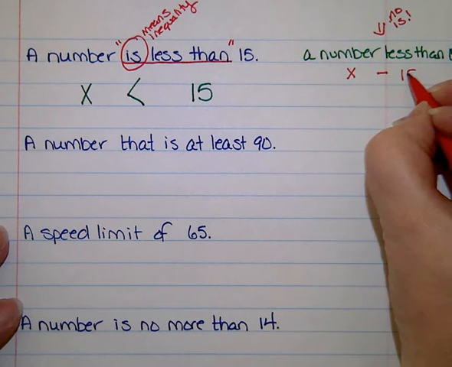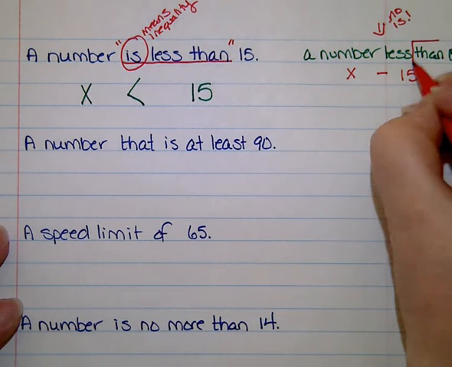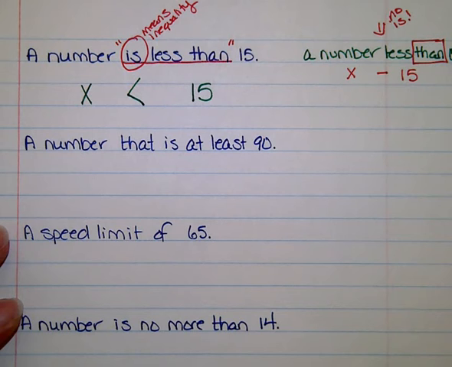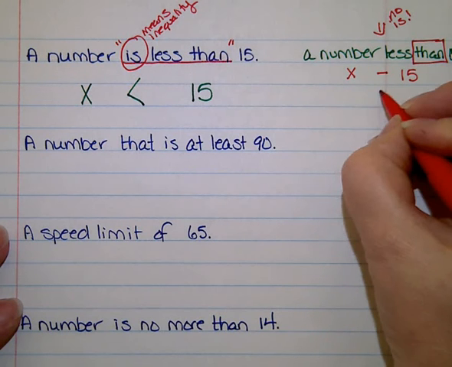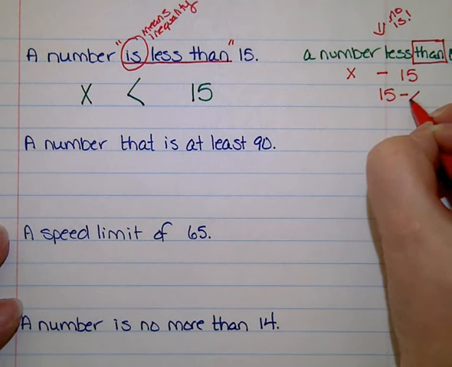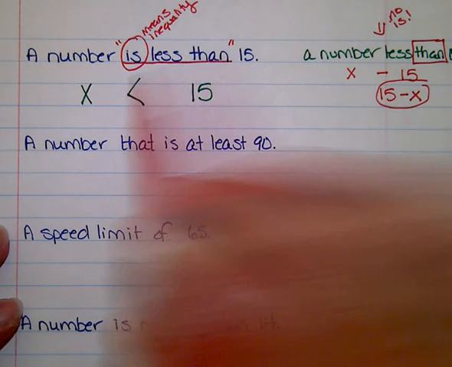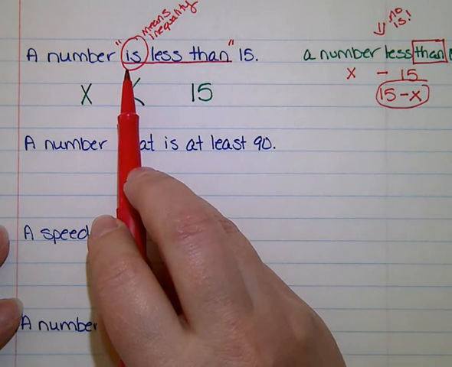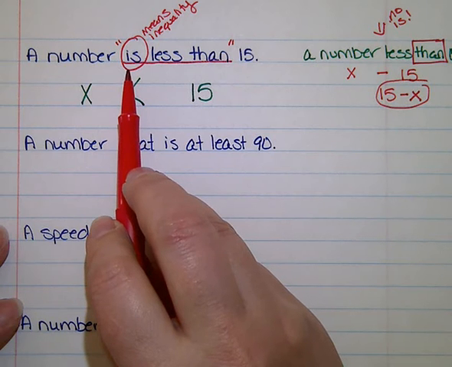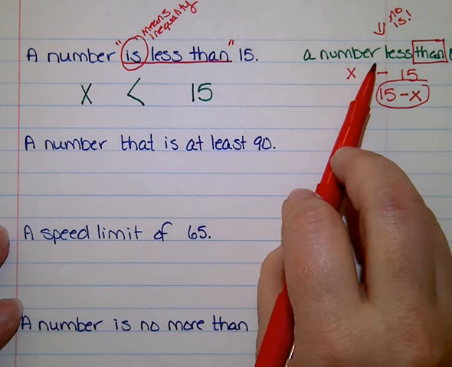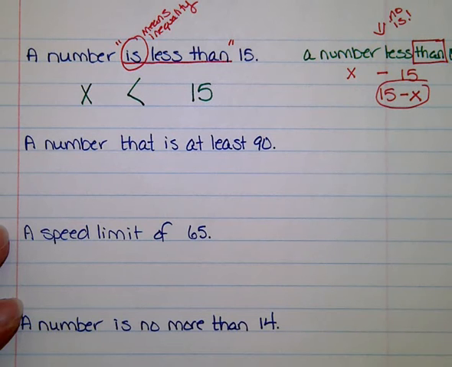Go ahead and write that down. And then if you remember, than means turn around, our turnaround word. So this is 15 minus x. Very different. The is tells us we have an inequality when it is at the front. It is not an inequality when it's not there. All right, let's look at the next one.